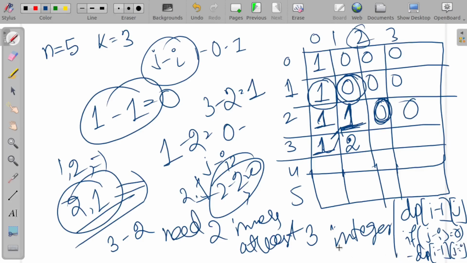So what is happening? 1 minus 3, that is not possible. So dp of i minus 1, j, basically 1, then 2. So 2 minus 3, that is not possible, so that is 2. After that 3 and 3, that is 0. So 0, that is 1.